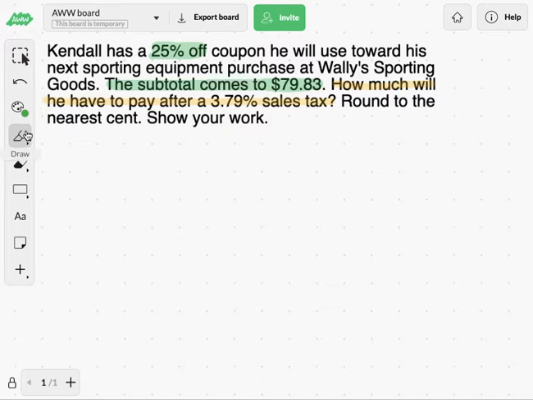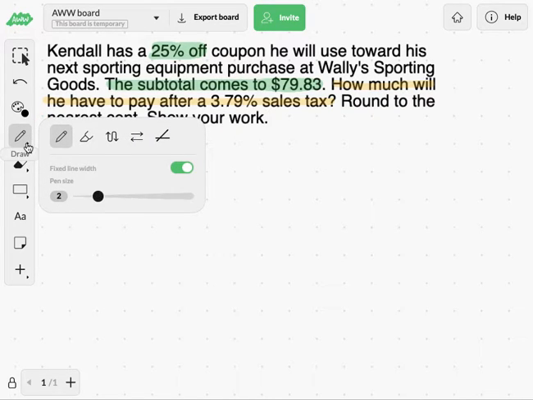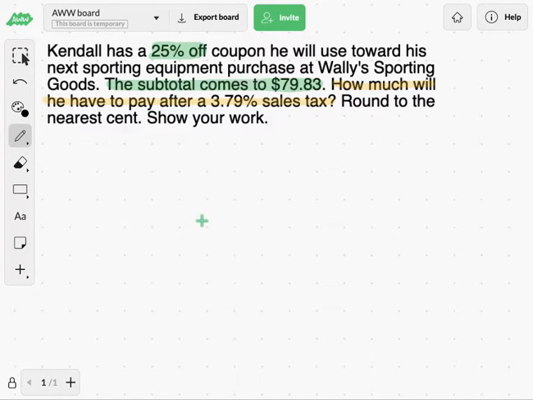As it stands, we will have to calculate a few things. First and foremost, you have to know that with a 25% discount, what you're going to end up with is the remaining percent, and the remaining percent is representative of the discounted price.